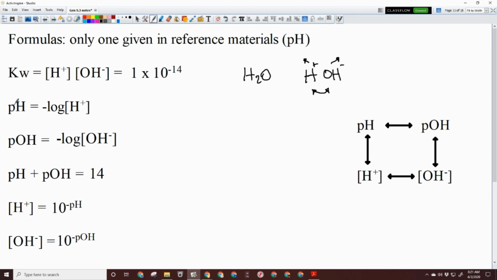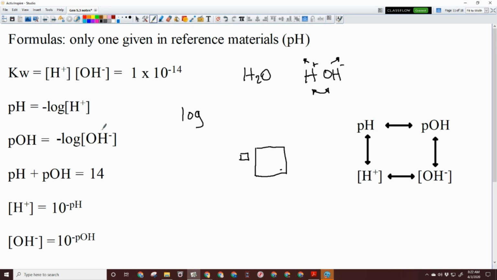Okay, the formula for calculating pH is the negative log of your hydrogen ion concentration. So here's a new button on your calculator that we're going to start using, and it's the log button. So if you want to grab your calculator and find that, it's usually on, like if you have your numbers 0 through 9 plus your negative sign right here in the center, your log button is going to be just to the left of that somewhere. pOH is the negative log of the hydroxide ion concentration.